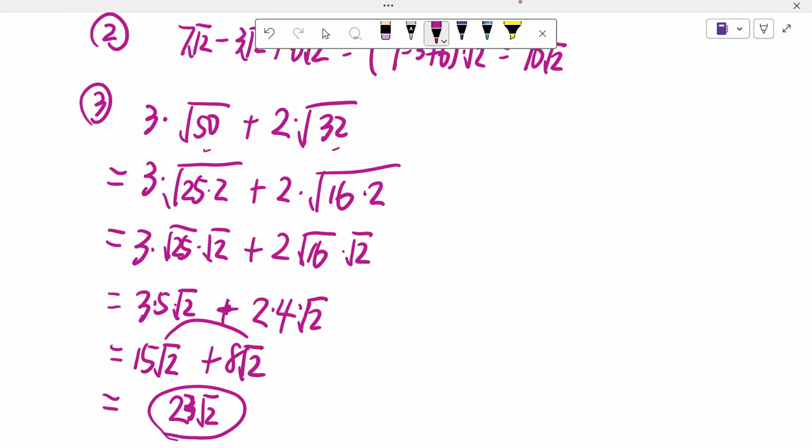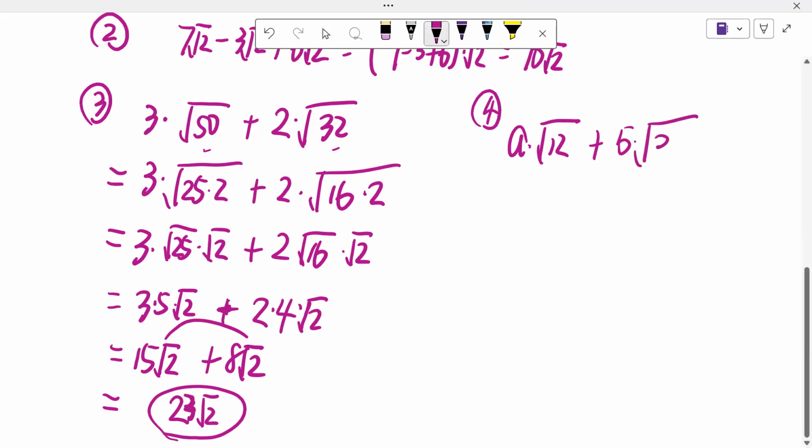And let's say another example, here you get 8 times square root of 12a plus 5 times square root of 3a squared. But again, we're going to simplify each one separately and then try to combine our terms.